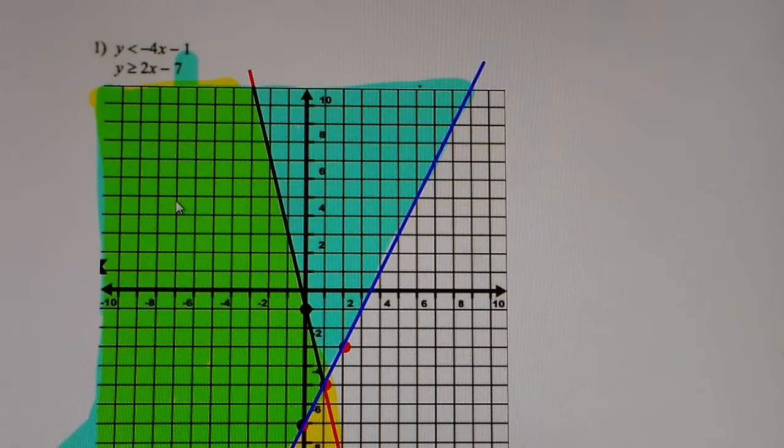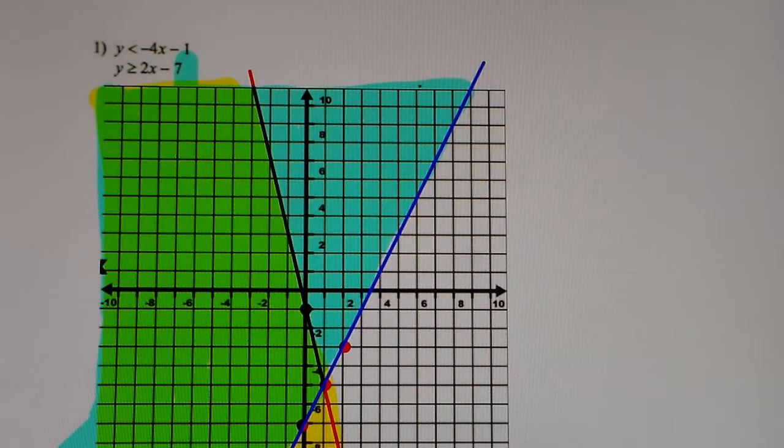So in green is the solution to the system, aka your answer. The blue is just the solutions to the bottom equation, and the yellow on our chart is the answers to the top equation. The answers to both is the green section. So the correct answer to all solutions to this system of inequalities is what you see here in green.